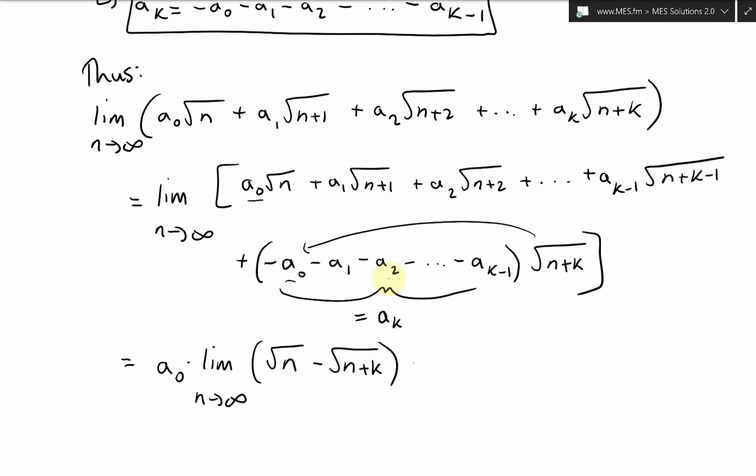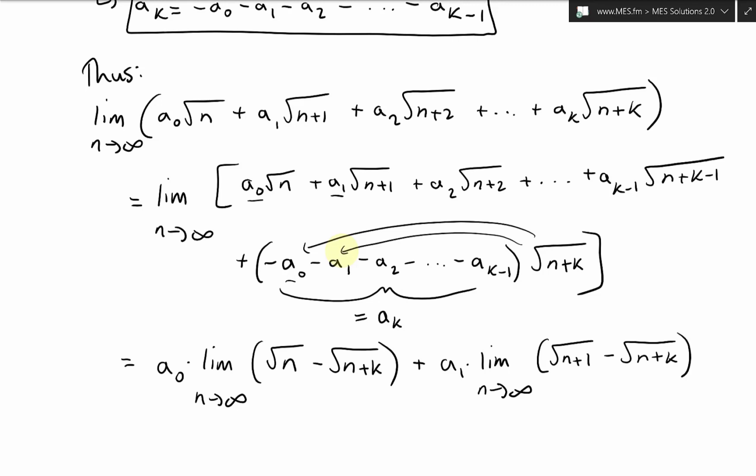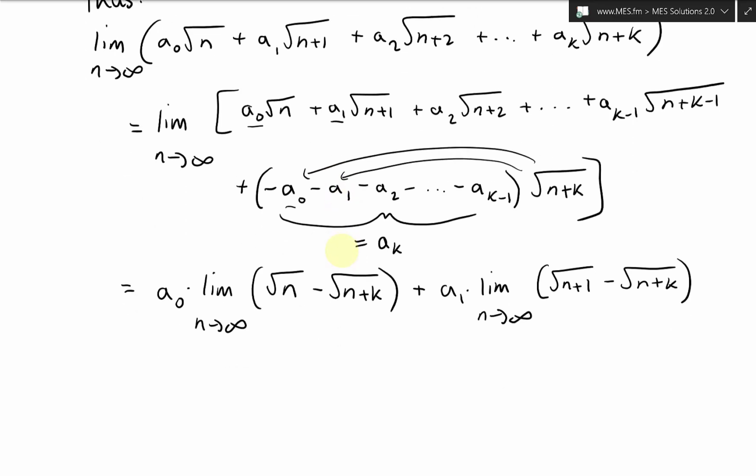Then we do the same thing for this one: this equals a1 times the limit as n approaches infinity of square root n plus 1 minus square root n plus k, and then dot dot dot, it keeps going on and on.